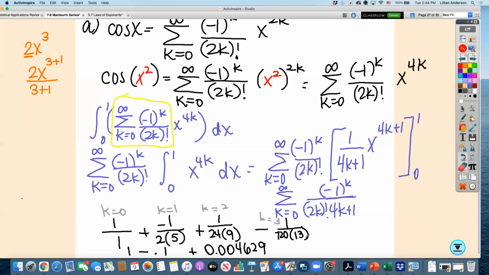Somebody do 1 divided by 720 times 13. 0.0005 and then 06, 8.